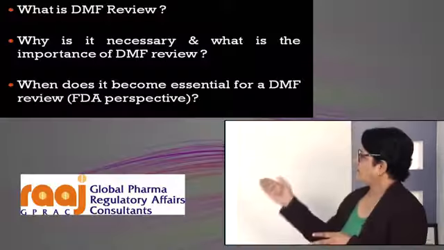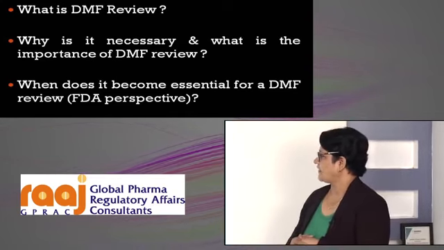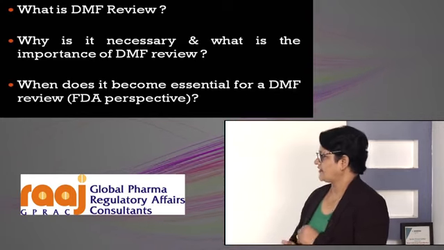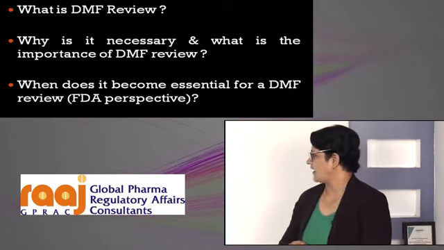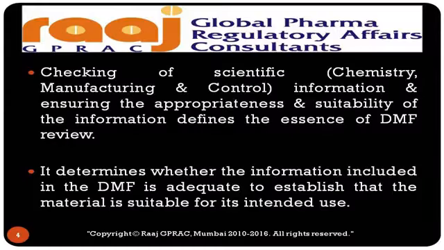Then what is the DMF review, why is it necessary, and what is the importance of DMF review, that we are going to discuss, and when it becomes essential from the FDA perspective. Why is DMF important, and why is it said that DMFs are not reviewed or approved? Checking of CMC information and ensuring the appropriateness and suitability of the information defines the essence of DMF review.